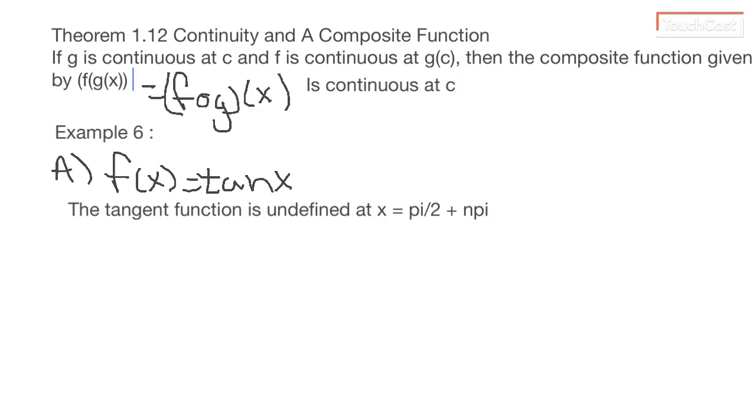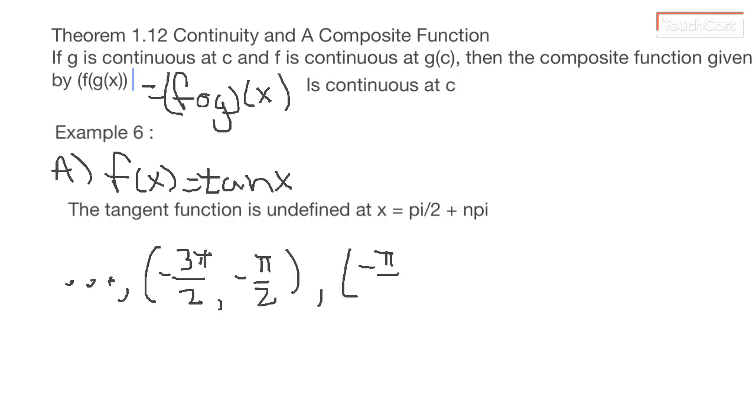So we can say tangent of x is continuous on the open intervals, and I'm going to give a sequence of those. We've got from negative 3 pi over 2 to negative pi over 2, from negative pi over 2 to pi over 2.